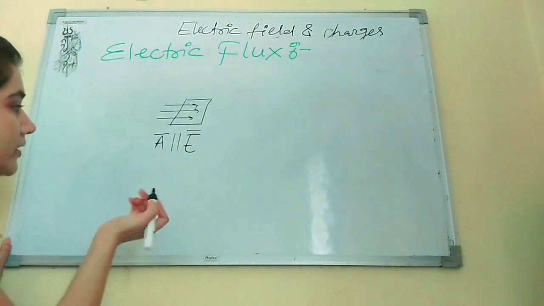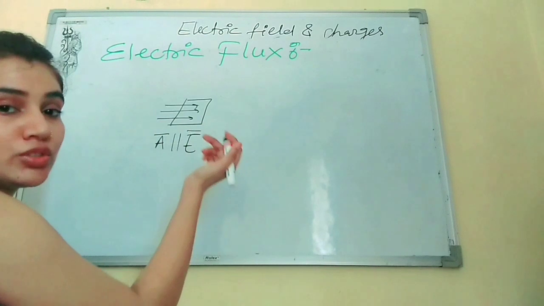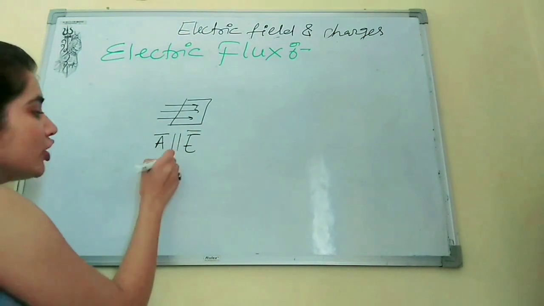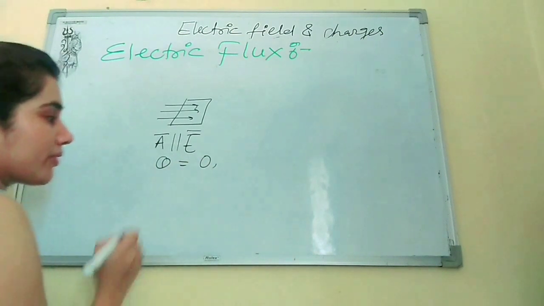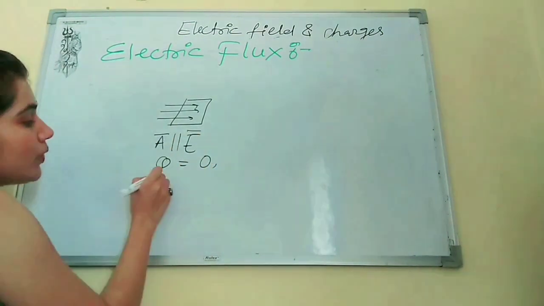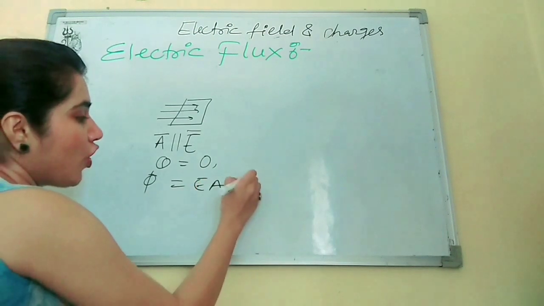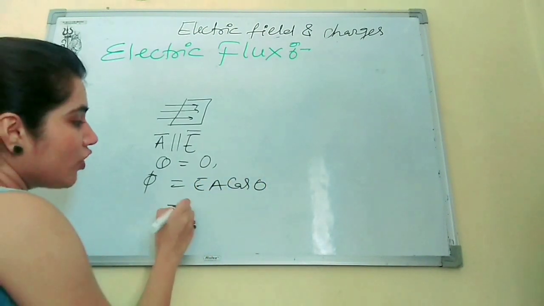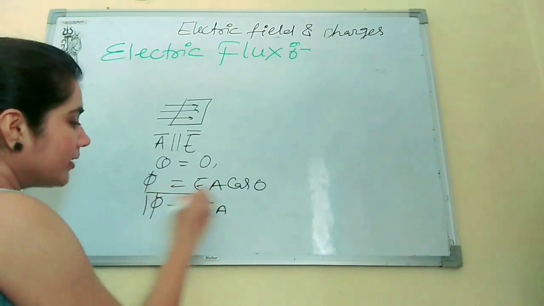Then what will happen? If the area and electric field lines are parallel to each other, then the value of theta will be 0. So the value of phi will be EA cos 0, and the value of cos 0 is 1. So simply we will get phi = EA.